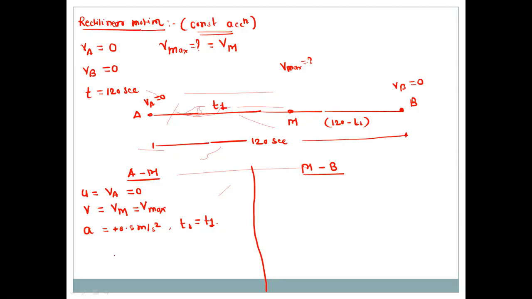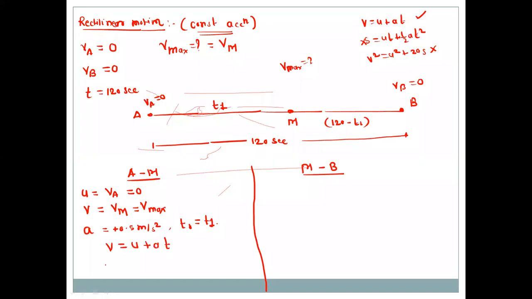Now use the proper equation so that we will get the time value. We have three equations: V is equal to u plus at, S is equal to ut plus half at square, and V square is equal to u square plus 2as. As distance information is not available, we can use the first equation, V is equal to u plus at.